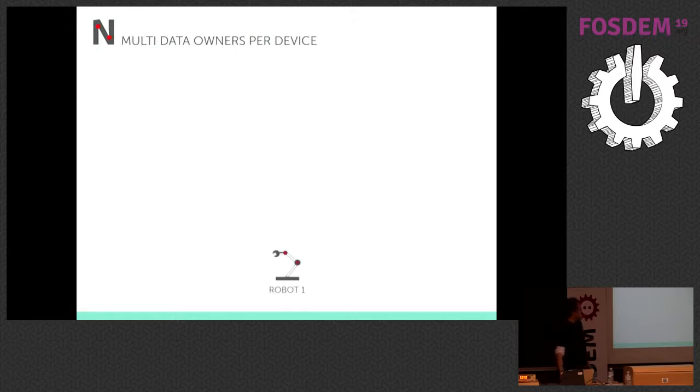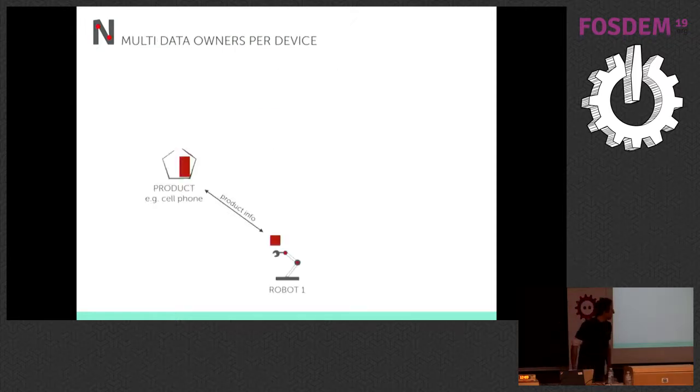Basically you have the robot arm, and it obviously needs some information about the product it has to produce. For example, a cell phone, right? So for this cell phone product information, there is a data owner. Now, the robot doesn't have a connection to a second robot, so it uses this cell phone to store some information, to push it to a separate robot arm.